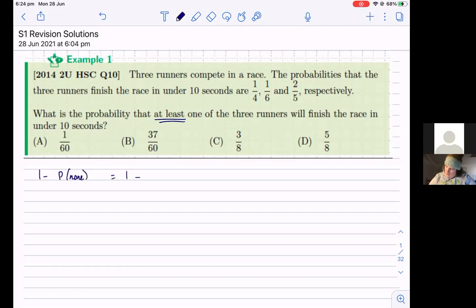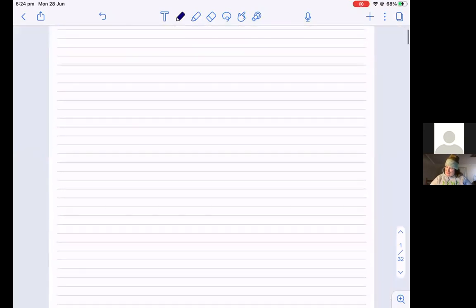So it's 1 minus, well, 3/4, 5/6, and 3/5, which gives us 1 minus... so it comes out as 5/8. So I'd say D is my solution. Could be wrong. Apologies if it is.